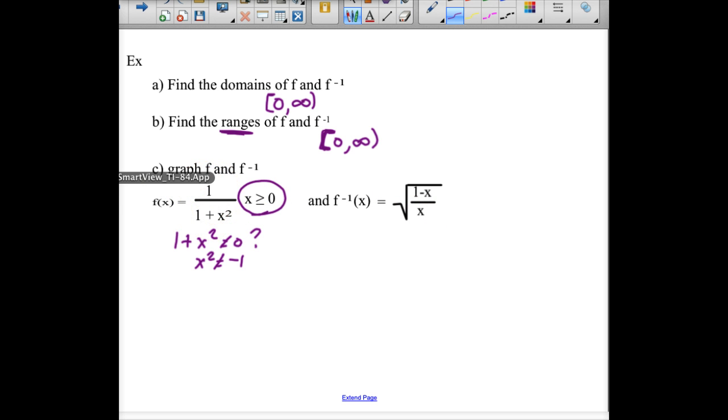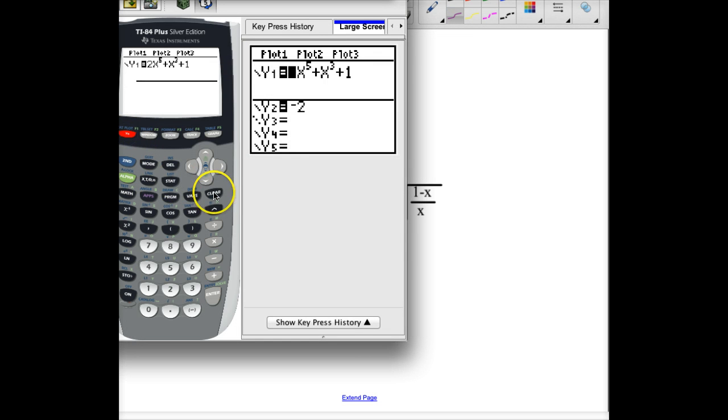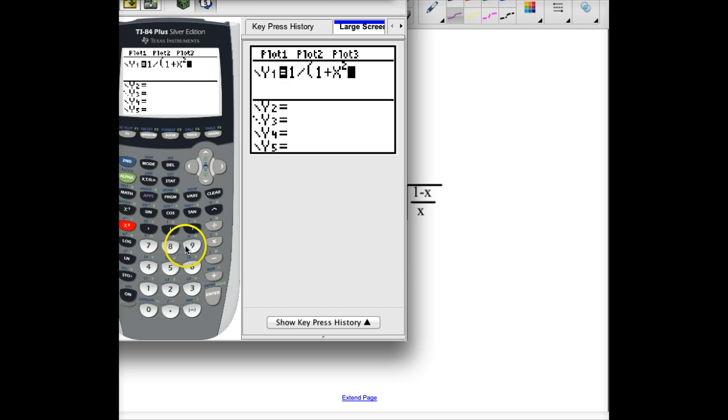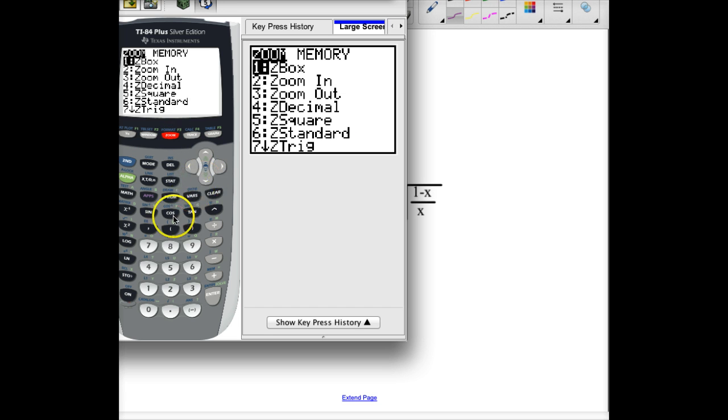If we graph it, 1 over 1 plus x squared, we can quickly see what the range is. And we're only going from 0 to infinity.